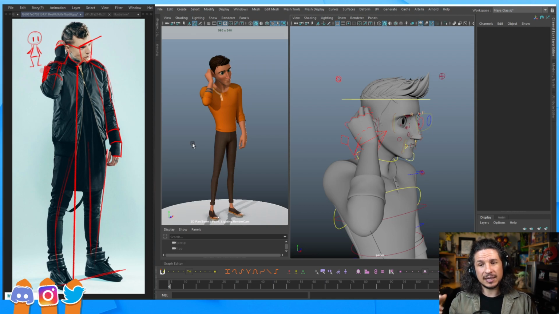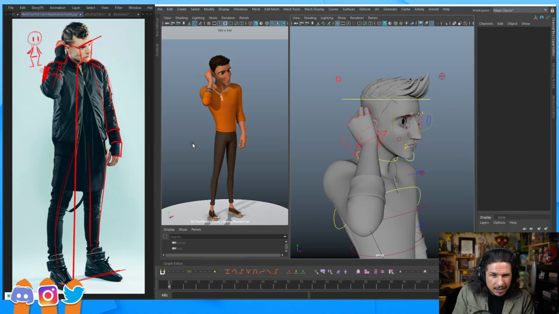Try to find places that you can exaggerate them. Try to push the core value of this pose. So for example, if a character is angry, really make them angry, not just a little peeved. If they're happy, not just happy. No, make them ecstatic. Now, this doesn't mean that you go crazy and you change the whole pose, but try to find these areas that you can make things feel just more.